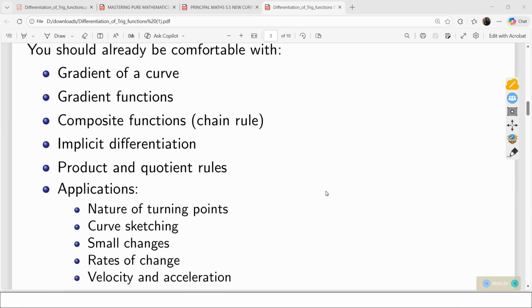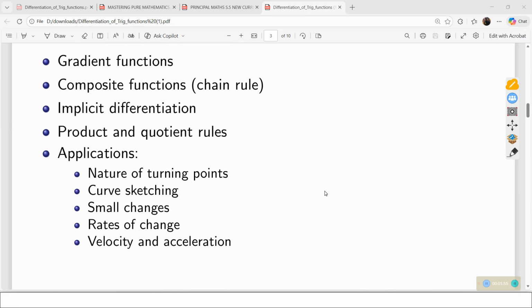You should be comfortable with the applications, that is nature of turning points, curve sketching, small changes, rates of change, then velocity and acceleration. So this should be very clear, and I hope you studied this. This was supposed to be covered actually in Term 2. So I believe you covered that.